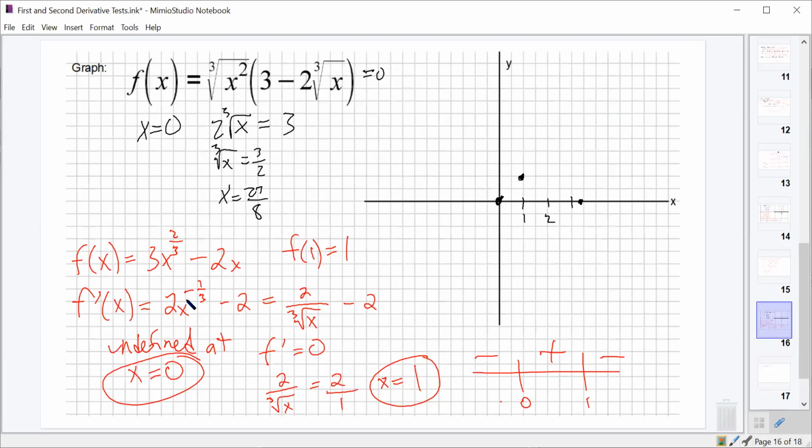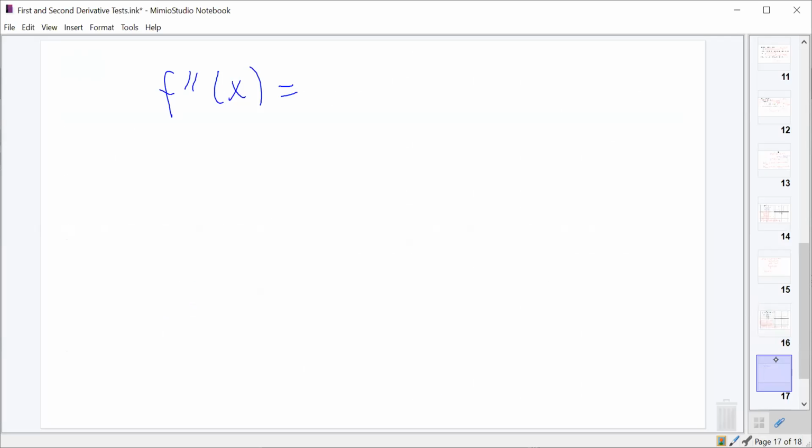The derivative of 2x to the negative 1/3 ought to be negative 2/3 x to the negative 4/3, and then the minus 2 should be just 0. So we could rewrite this as negative 2 over 3x to the 4/3.